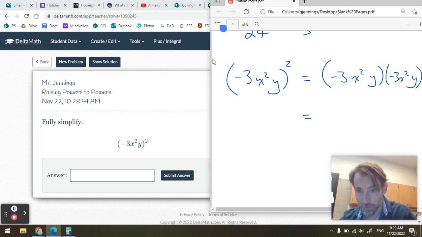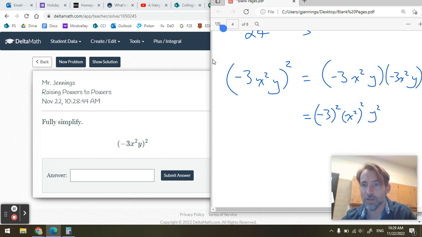And then rearrange so that you have minus 3 times minus 3, because this is minus 3 squared, x squared squared, and y squared. Okay, y times y gives you y squared.